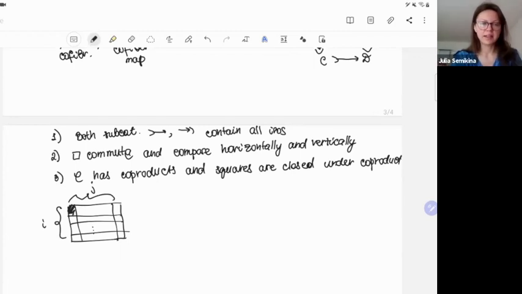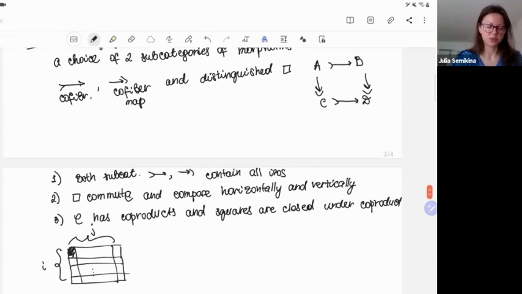So for this, I need squares to compose such that I can consider this big square composed out of small ones. I want to be able to delete one row or one column or to add identities. So this is a bisimplicial set. This is basically what this definition is trying to do. It says that if I have some notion of those squares, I should be able to consider a bisimplicial set given by this kind of definition.